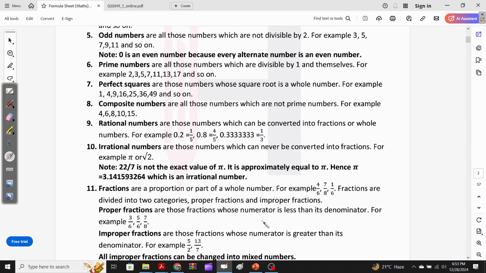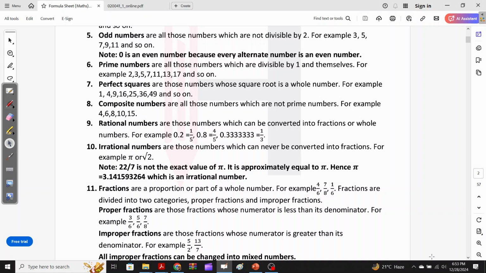Now let's go to another system which is called fractions. Fractions are proportions or parts of a whole number. For example, 4 upon 6, 7 upon 8, 1 upon 6. 4 upon 6 can be simplified further to 2 upon 3, as these are all fractions. Fractions are divided into two categories: proper fractions and improper fractions.